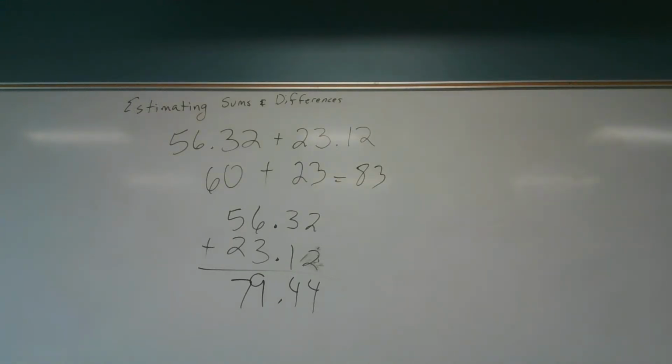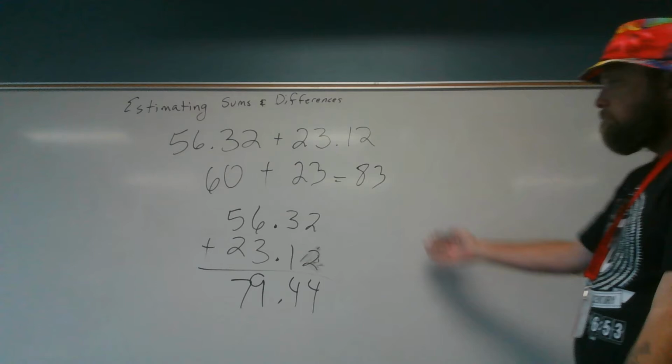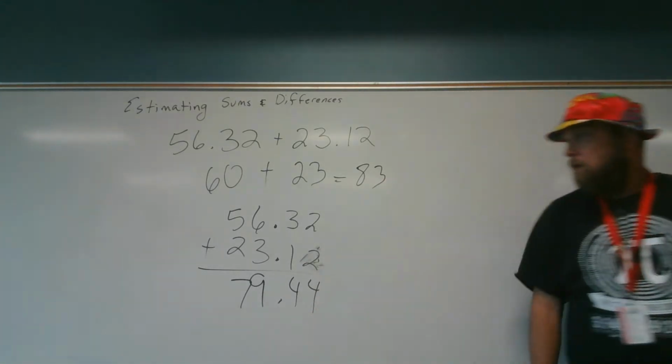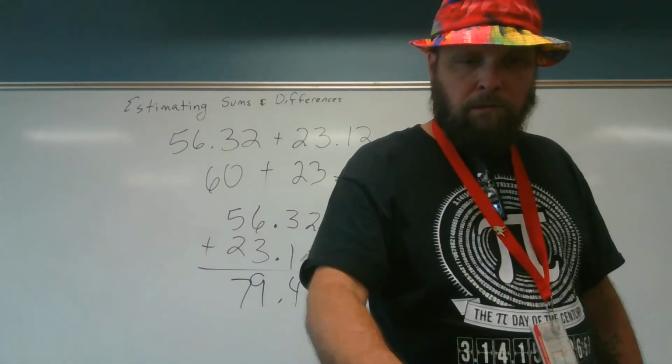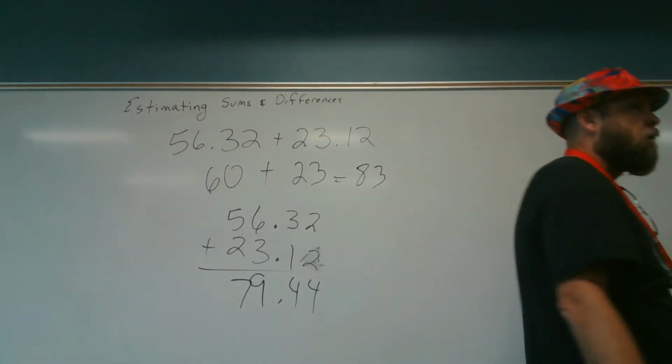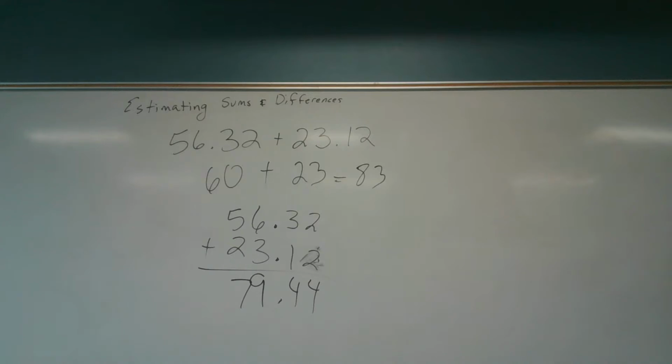Amy, is that near our estimate? We're pretty close, right? Why is it lower than our estimate, Amy? Have any idea how it would be lower? Logan: Because instead of doing 56, we did 6.